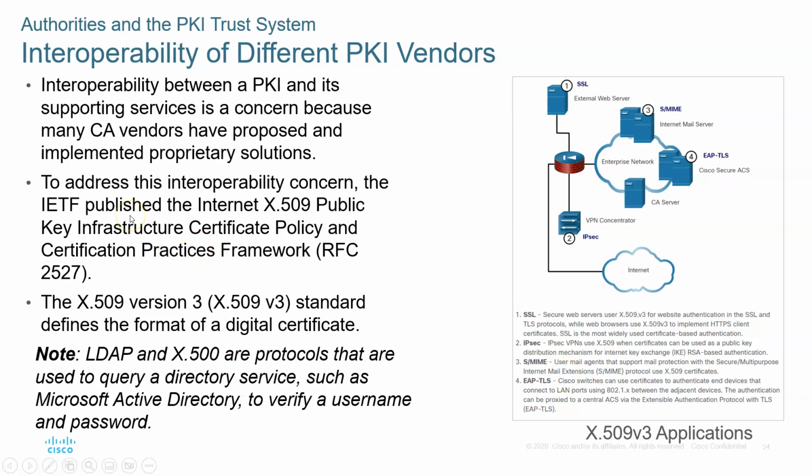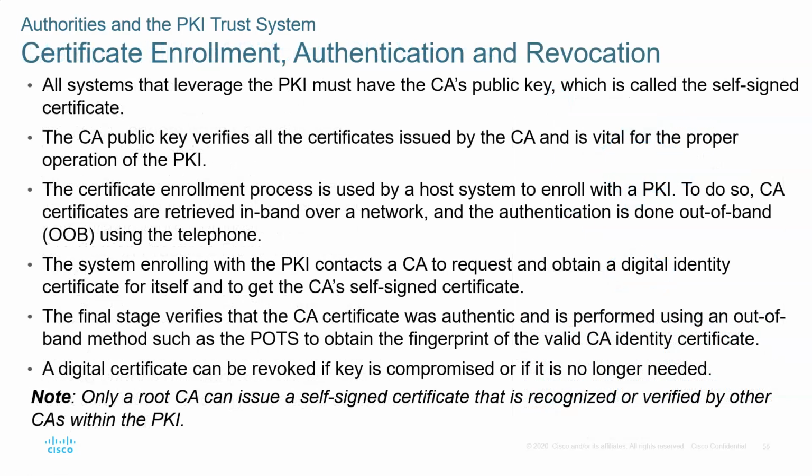So the X.509 Public Key Infrastructure Certificate Policy is to make sure everybody follows the rules, the protocols on how to create certificates. All right, so the certificate authority has to keep track of all the certificates that are created, authenticate them, revoke them if they have to, keep track of what's being revoked, and so on.